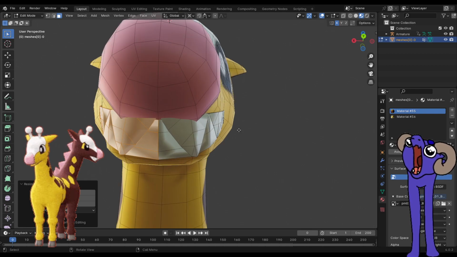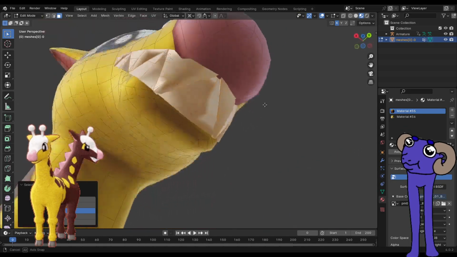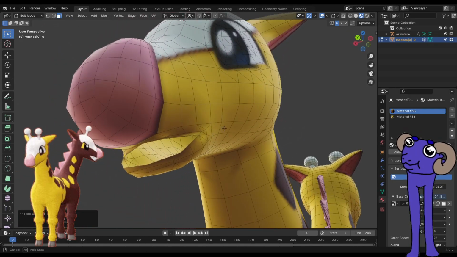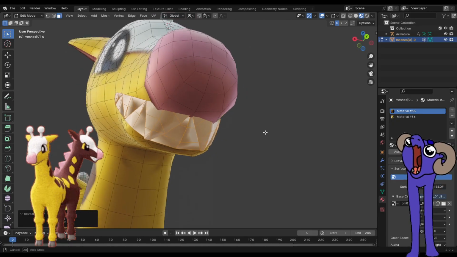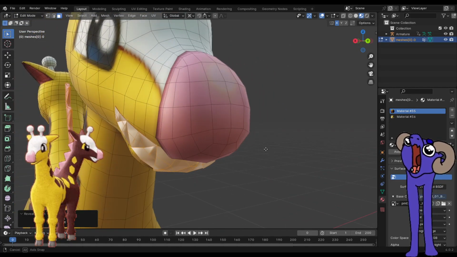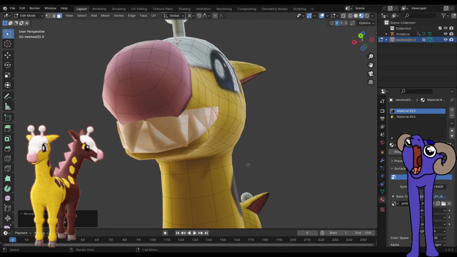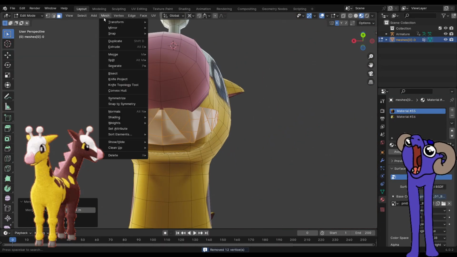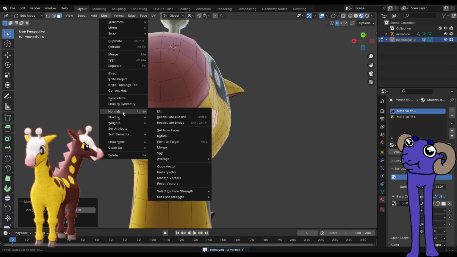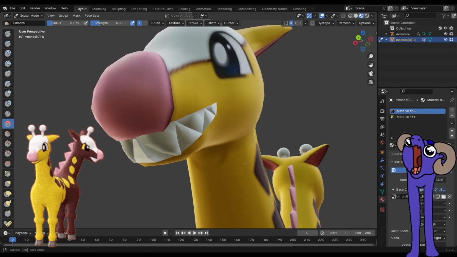And mesh. The mouth looks so terrible with the teeth missing. Okay, so I want to merge by distance and then set normals from faces.